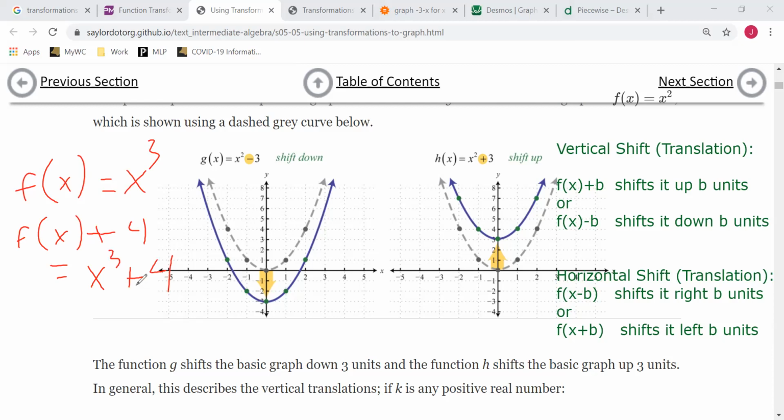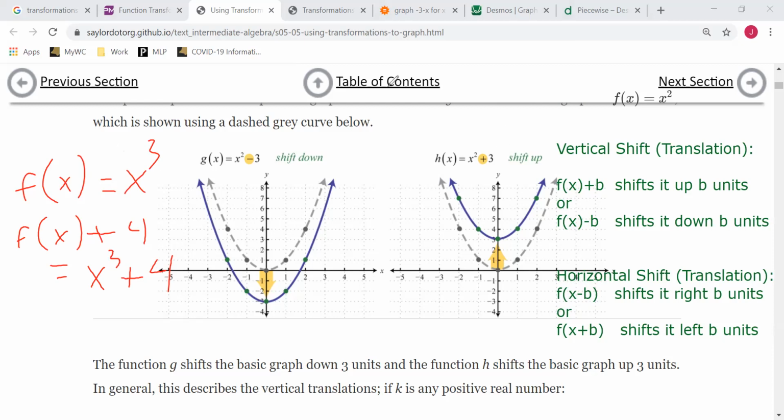That would take the x cubed parent function and shift it up 4 units. But when you use this type of definition, when you bring the number in on the ground floor with x, it does something a little bit different.